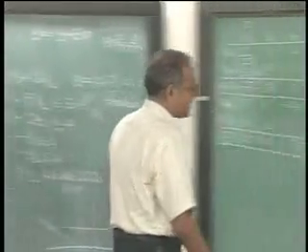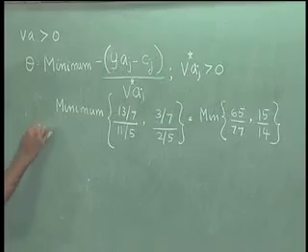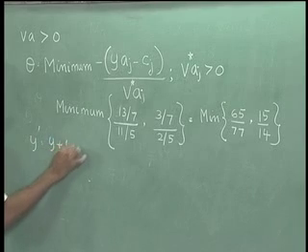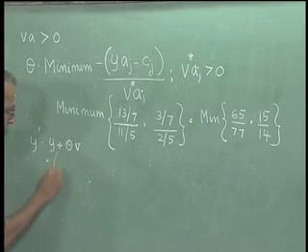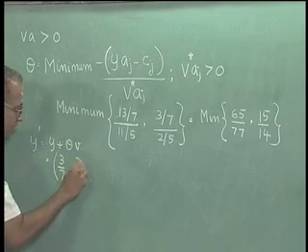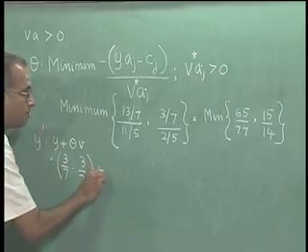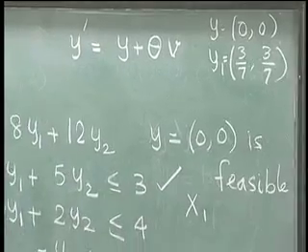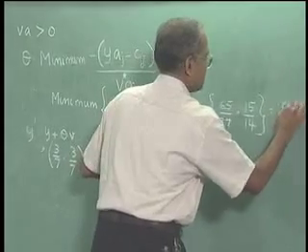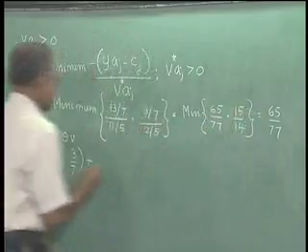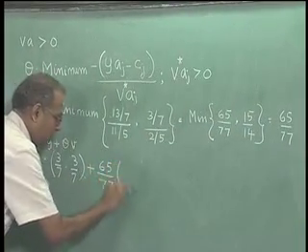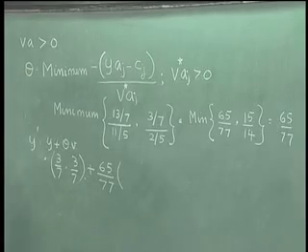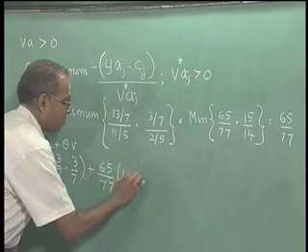So now y dash is equal to y plus theta v. So y is 3 by 7, 3 by 7. So 3 by 7, 3 by 7 plus (65 by 77) into v, which is 1 and minus 2 by 5.